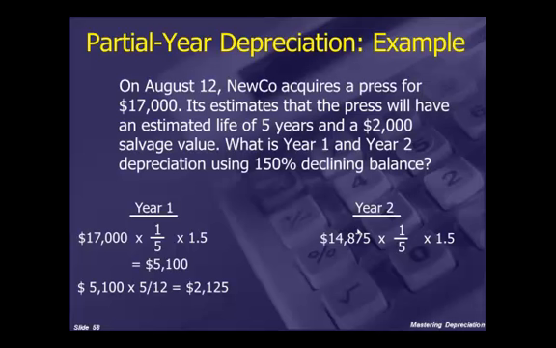Year two, you're taking the 17,000, subtracting the 2,125 to yield the 14,875. Again, you can multiply that times 0.30 or 30%, or as they've done, they've used the 1/5 times 1.5. That's $462.50.